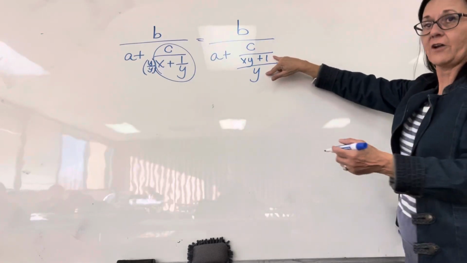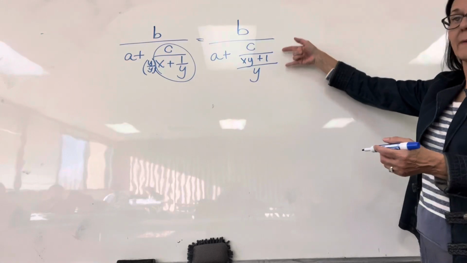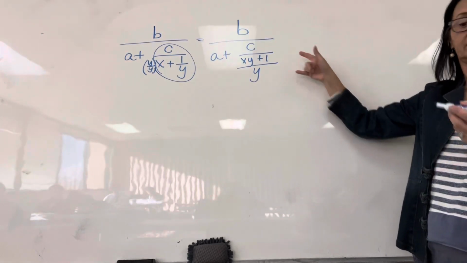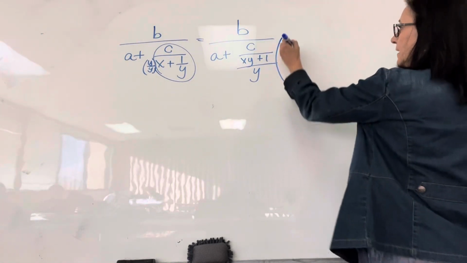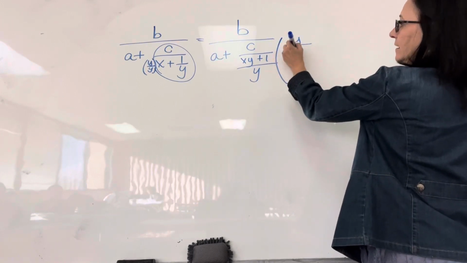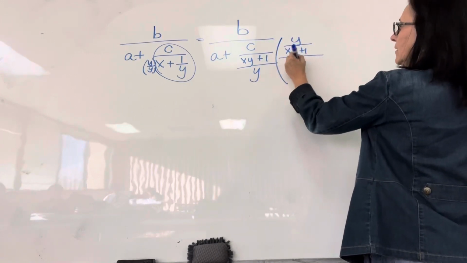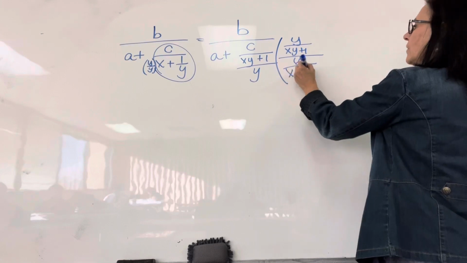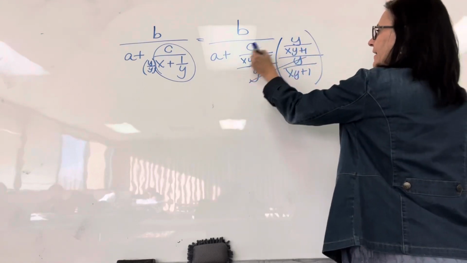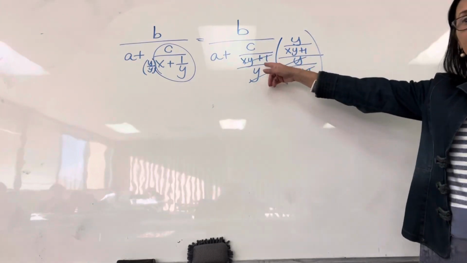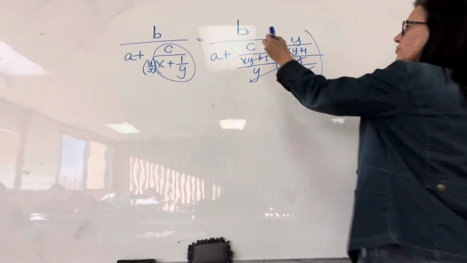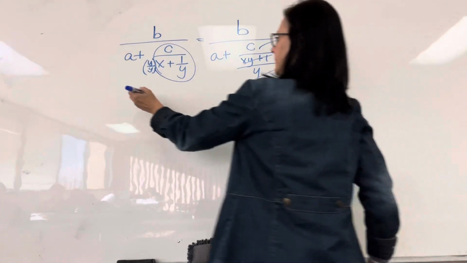Now we're going to take this denominator, multiply by the reciprocal over itself. So y over xy plus 1, y over xy plus 1. That eliminates this denominator and we'll distribute the c to the y.